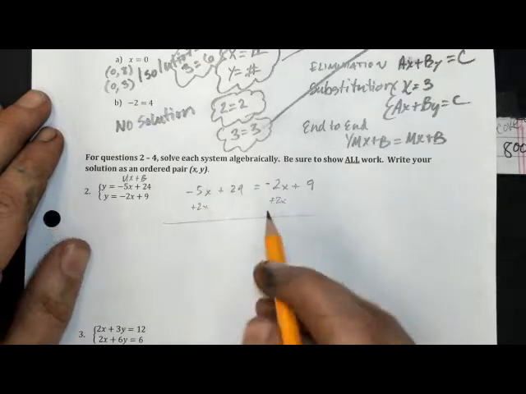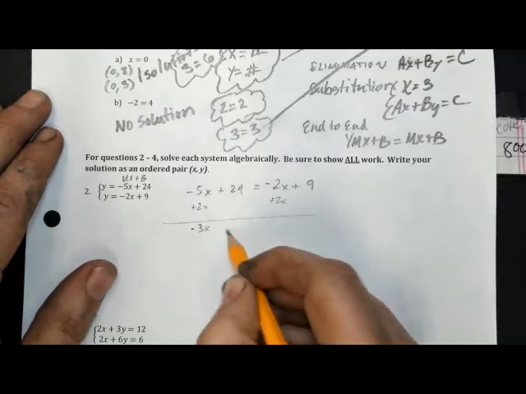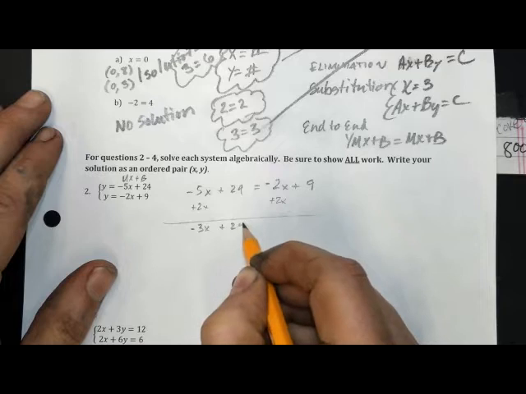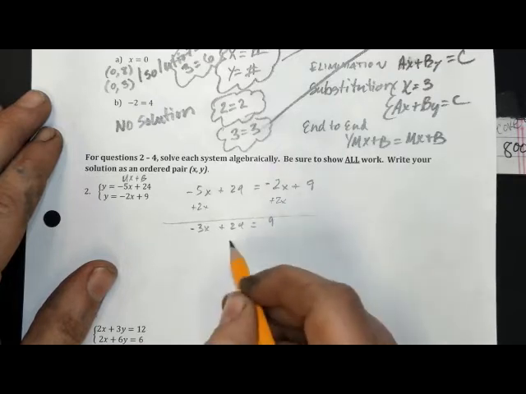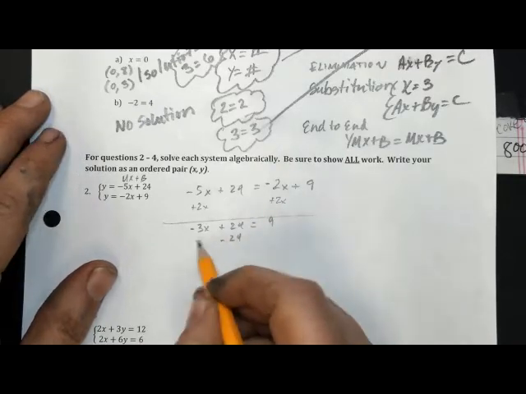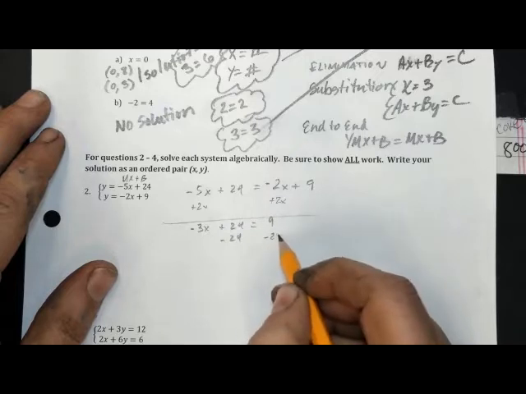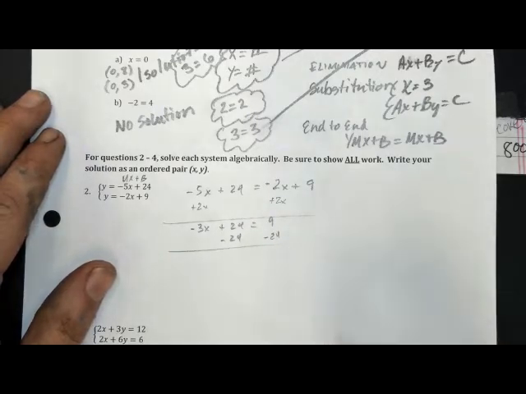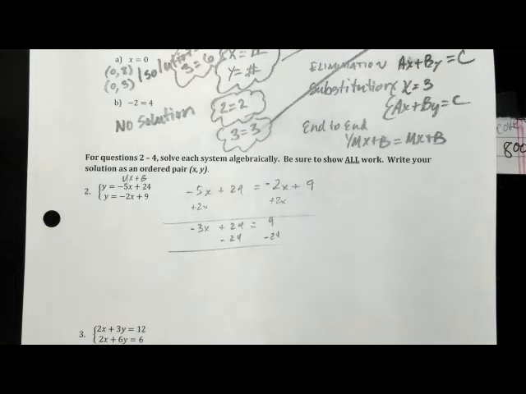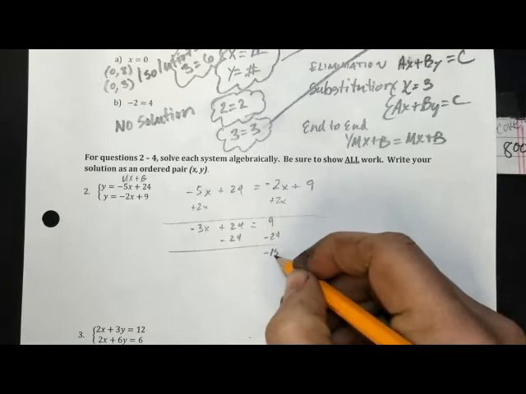Notice I'm using the opposite operation. You're getting -3x plus 24 equals 9. Now I'll subtract 24. I'm trying to isolate the x, so I'm moving everything away from it. Don't feel bad if you need to use a calculator, you certainly can. 9 minus 24 in this case is -15.